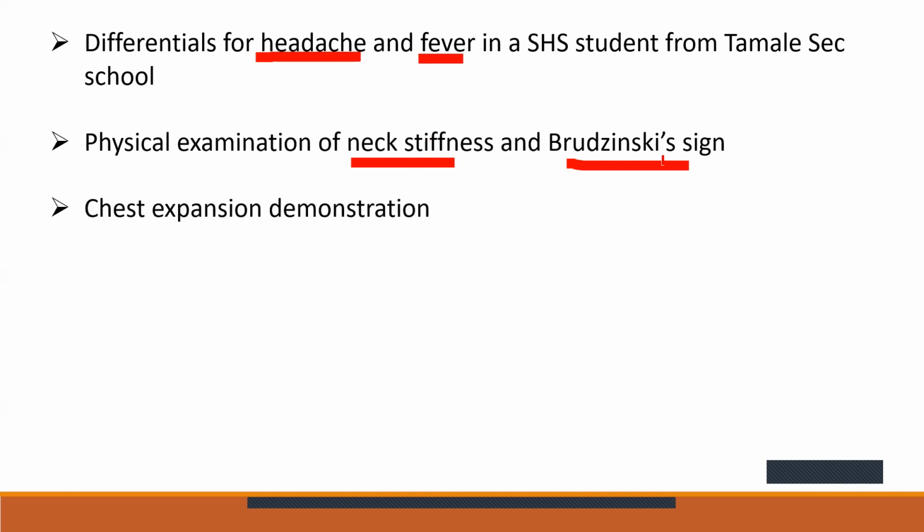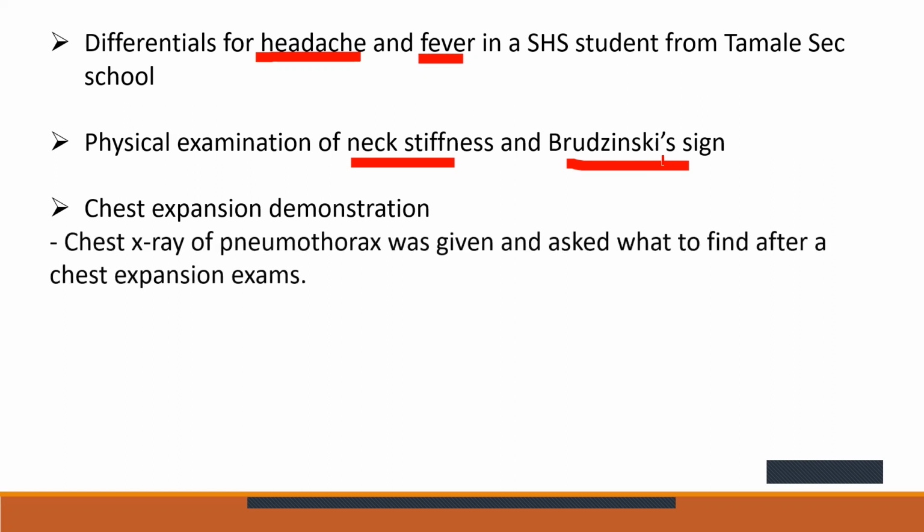Then chest expansion demonstration. And over here, they were given a chest x-ray of a pneumothorax, and were asked to do a chest expansion exam. All right, so I think basically what they were given is an x-ray to be able to tell what it is, and to be able to find out the physical findings you are likely to get doing chest examination.